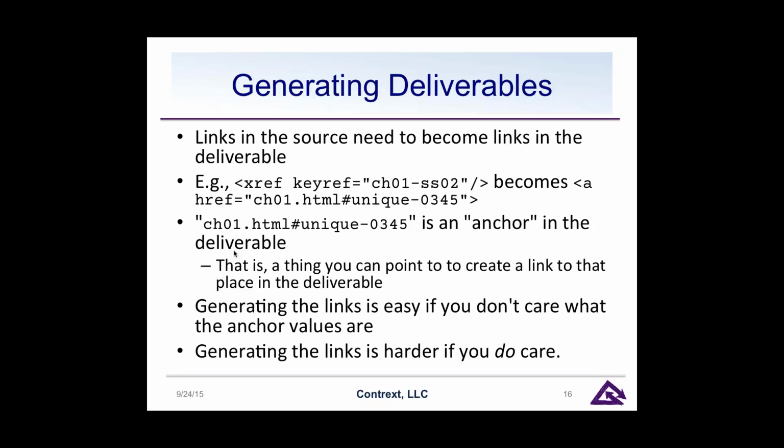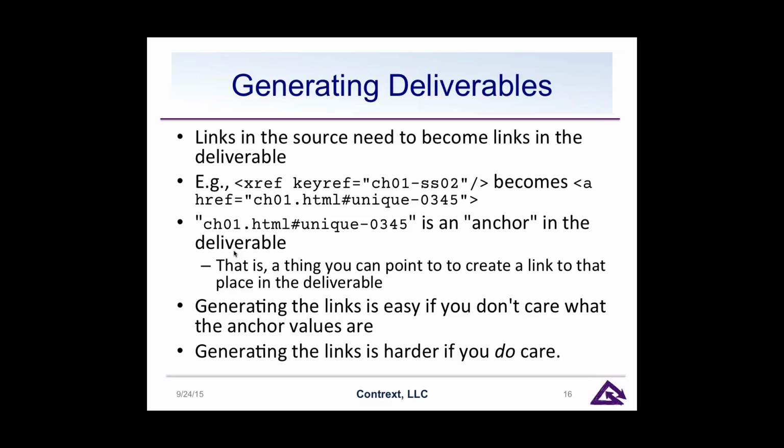So part of the goal here is to use the navigation keys as the basis for the anchors in our publications as delivered. What we'd like to have is, for example, if I have a cross-reference to chapter 1, subsection 2, I would like that in the HTML to become a reference to chapter1.html and a unique key corresponding to the subsection ID.